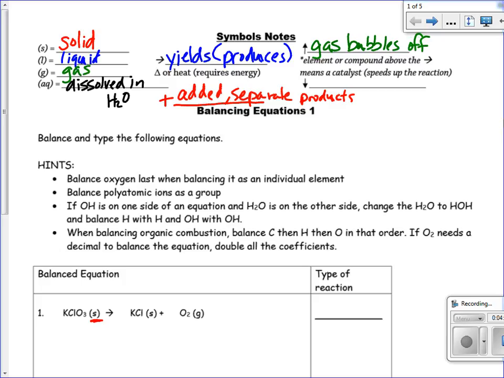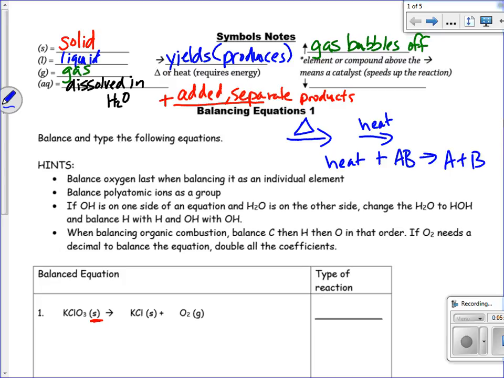It's bubbling off. Oh, I forgot to address our delta or heat. Now, if you have an arrow here, you could have a delta sign above the arrow, or you could have the word heat written above the arrow, or you could have heat, plus a reactant going to a product or something like that.